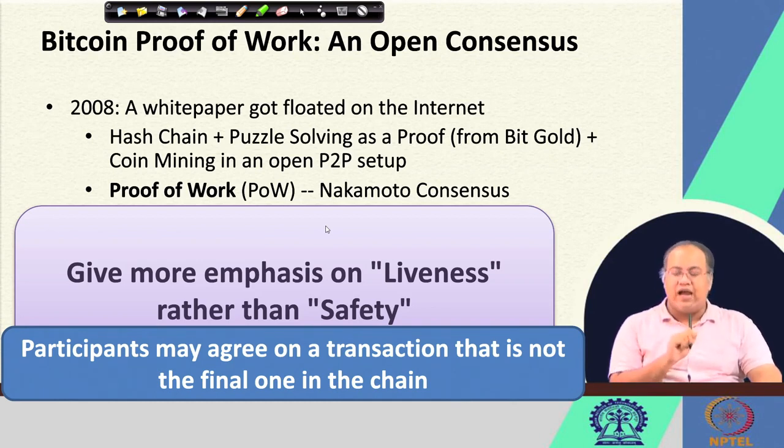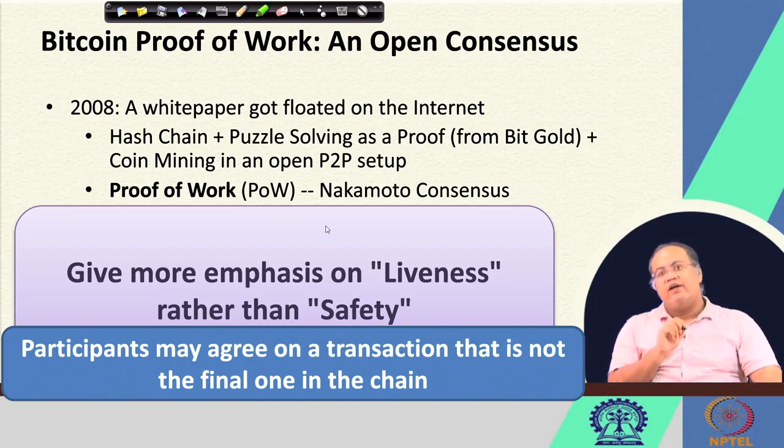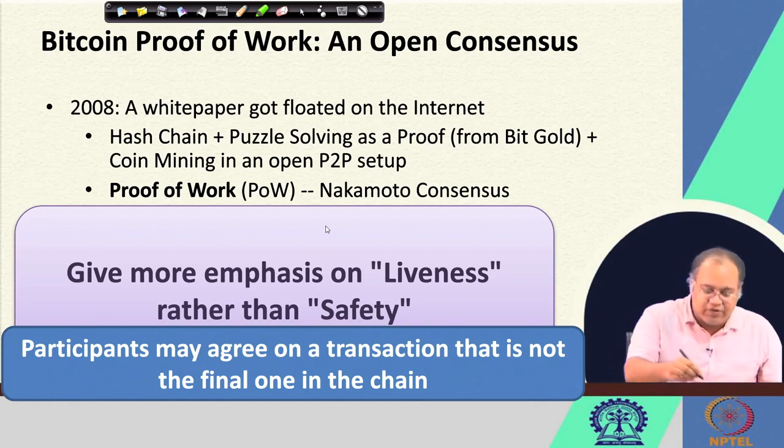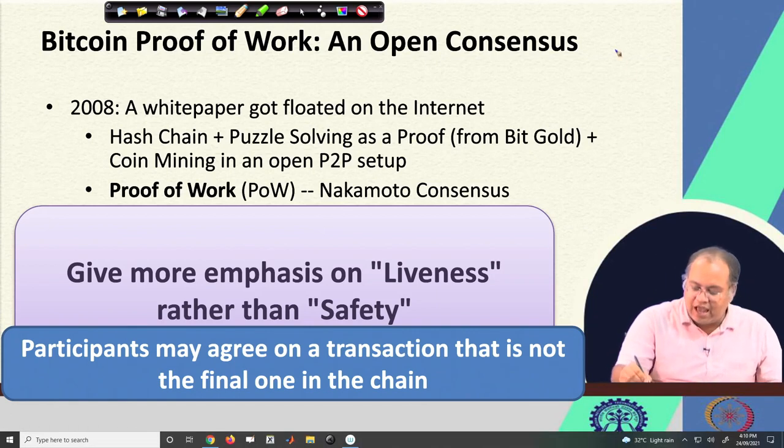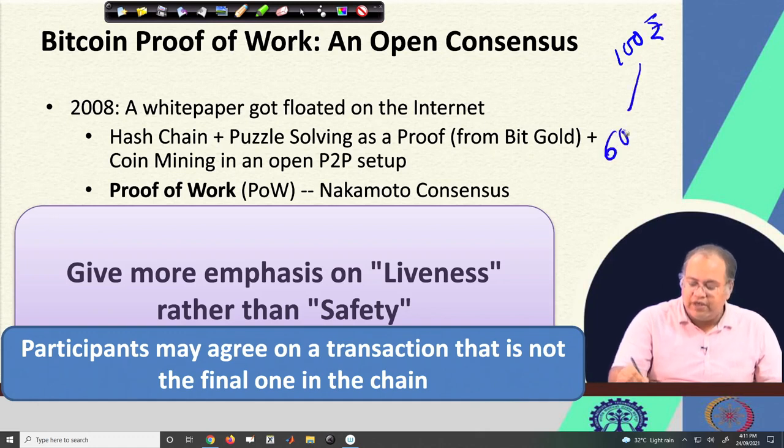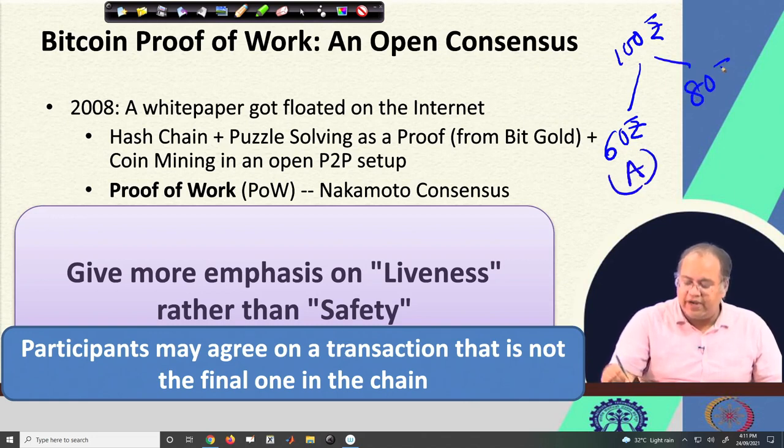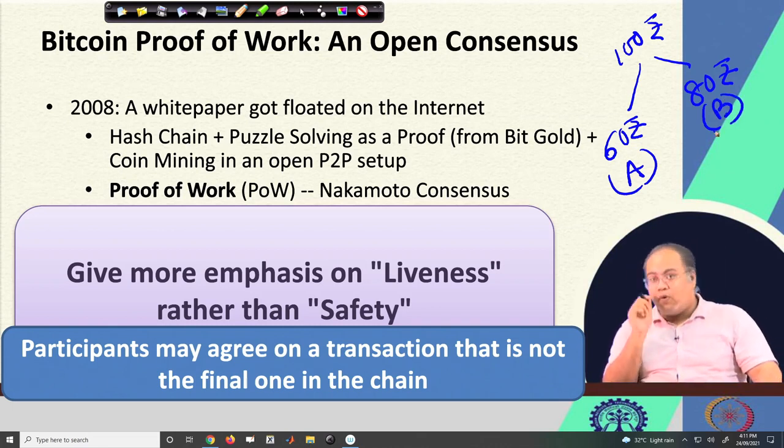You need to wait to decide whether it is a final transaction. For example, say I have 100 rupees and I want to give 60 rupees to my friend A and 80 rupees to another friend B. These two transactions cannot both happen, only one of them can.